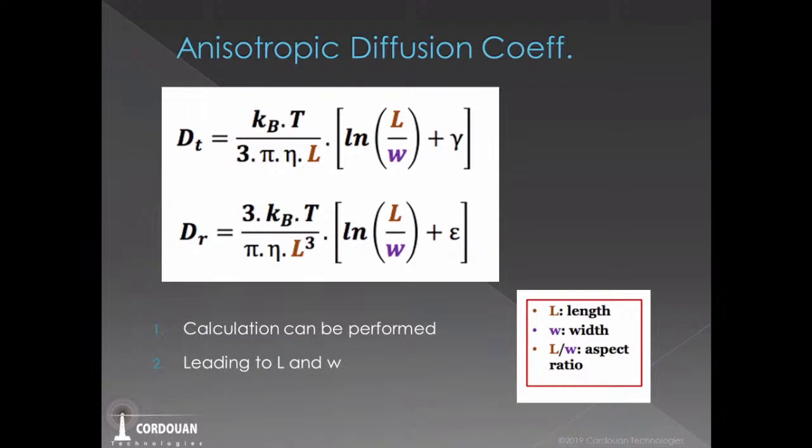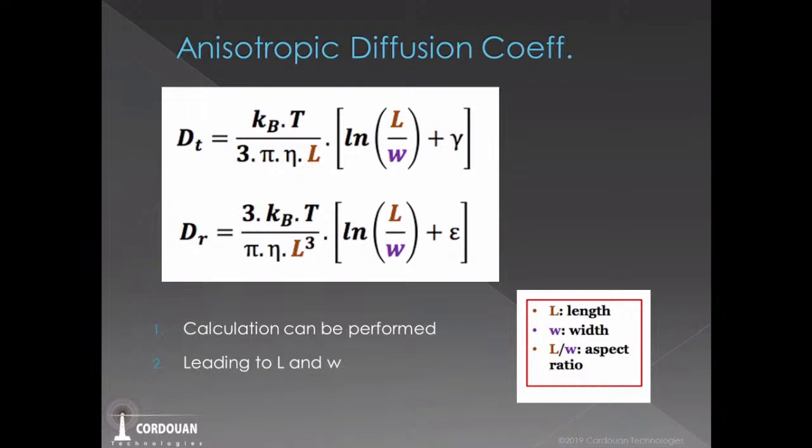So what we can see is that now they have done the calculation. They found that the translational diffusion coefficient is linked to the length and to the aspect ratio of the anisotropic nanoparticle. And the rotational diffusion coefficient is linked to the length cubed and the aspect ratio of the nanoparticle. So the idea is exactly the same as with traditional DLS.